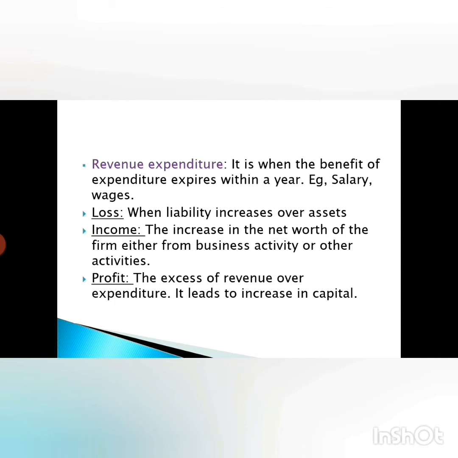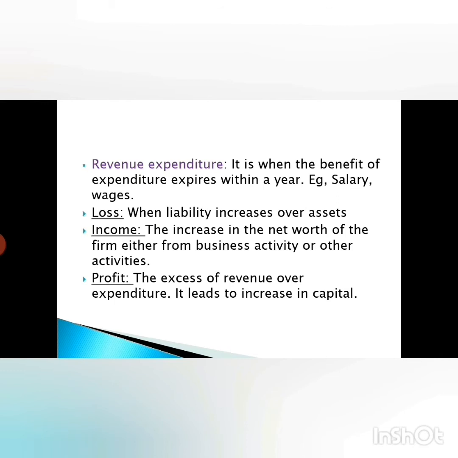Example, salary and wages. If you pay salary, the next month you have to pay salary again. That is, the benefit of that 1 month salary is just for 1 month. And wage, for 1 day you can pay wage, and again next day you have to pay again. So it is just for a shorter while.